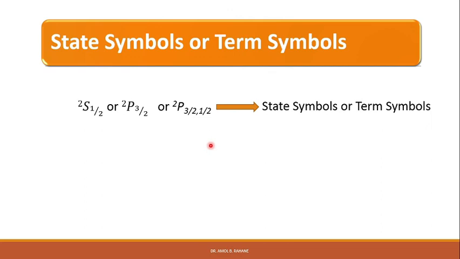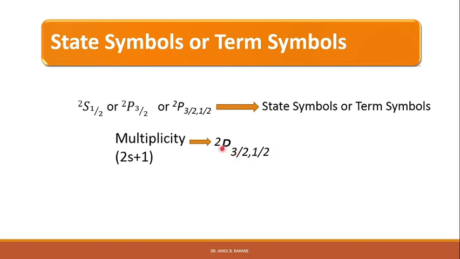So what do they represent? The superscript 2 represents the multiplicity, which depends on the spin quantum number S. For the H atom, there is only one electron and thus S is equal to 1/2. Multiplicity is 2S plus 1, so it is 2, that means a doublet state. The symbol P represents the state or orbital of the electron, that is its L value.